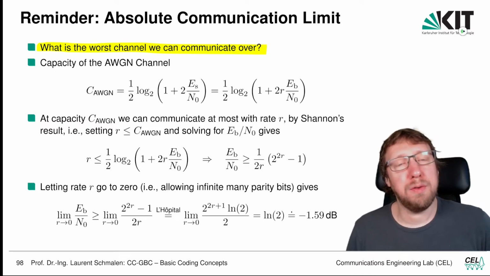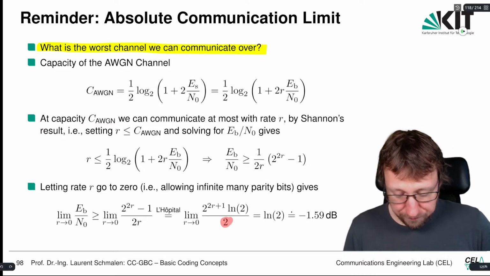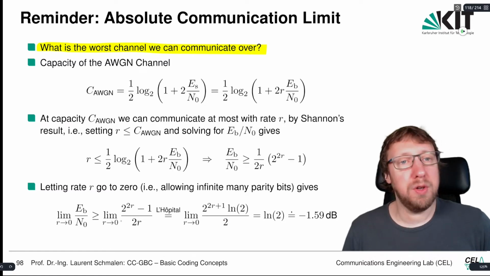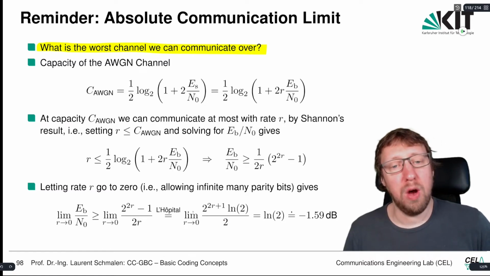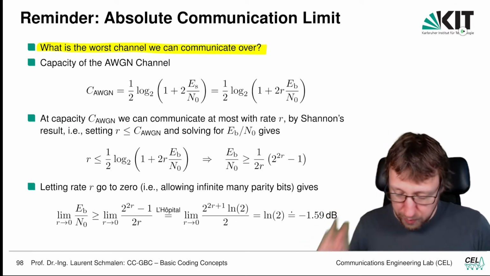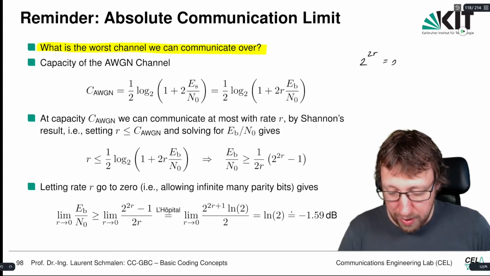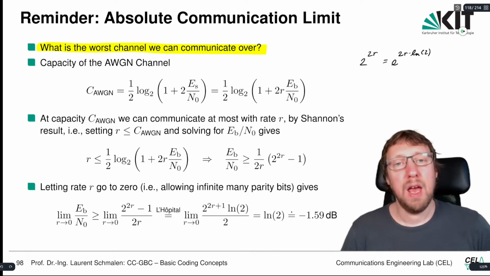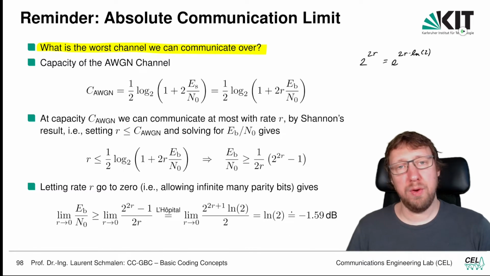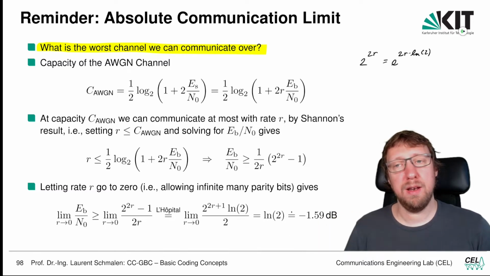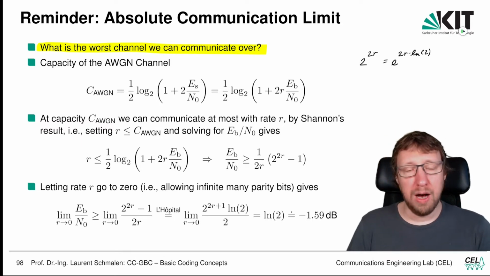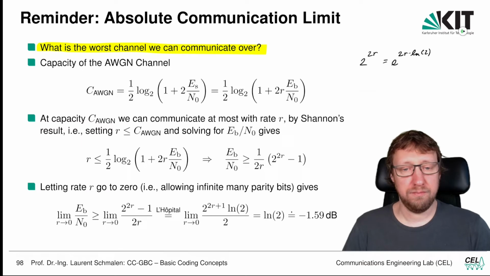The derivative of the denominator is simple, that's 2. The derivative of the numerator is 2 to the power 2R plus 1 times natural logarithm of 2, because we can rewrite 2 to the power 2R as e to the power 2R times ln of 2, and then just take the derivative and multiply with the inner derivative. That gives us 2 to the power 2R plus 1 times ln 2.